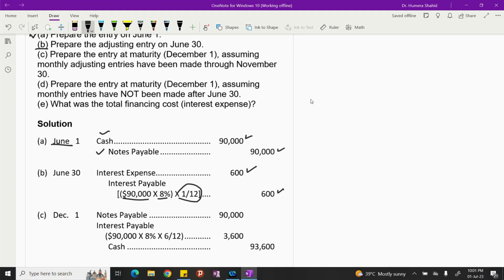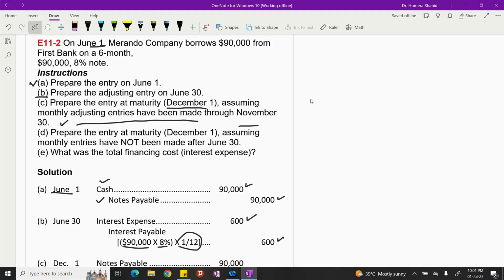On December 1st, point C says prepare the entry at maturity December 1st, assuming monthly adjusting entries have been made through November 30th, means till November 30th, the monthly entries are being made. What are the monthly entries? As I mentioned before, the interest entries.